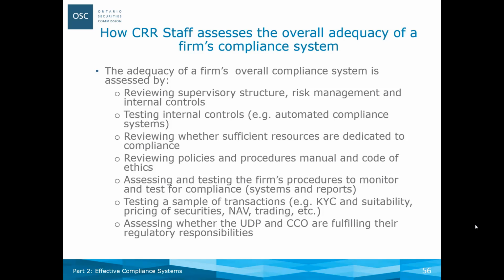It may include testing a sample of transactions such as KYC and suitability, pricing, net asset value, trading. And as part of this assessment, we will also assess whether the UDP and CCO are fulfilling their regulatory responsibilities, which I will discuss on the next slide.